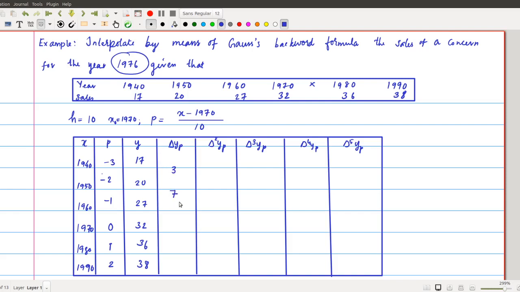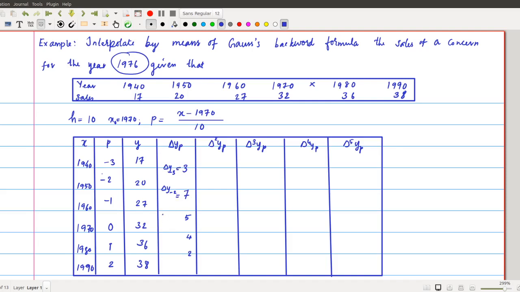Here we have 7, and this is 5, 32 minus 27, and 36 minus 32 is 4, and 38 minus 36 is 2. So this is our delta y minus 3. This is our delta y minus 2.